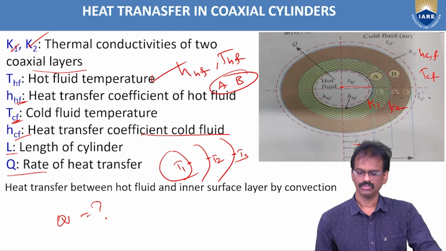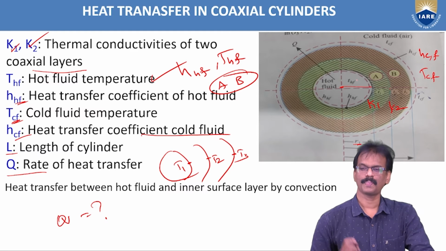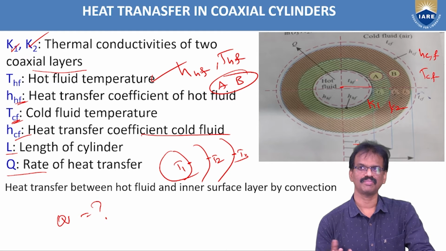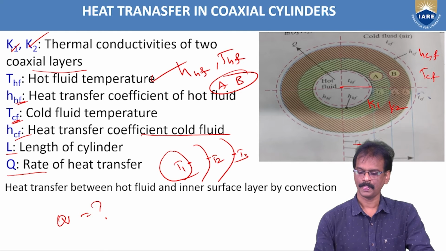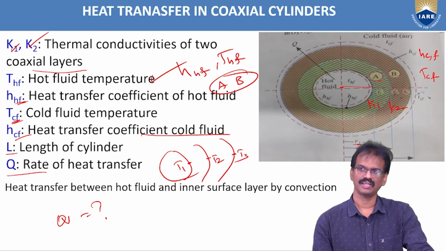From the hot fluid to the inner surface of the first layer, heat transfer takes place by convection. Next, from the inner surface to the outer surface of layer A, heat transfer takes place by conduction.